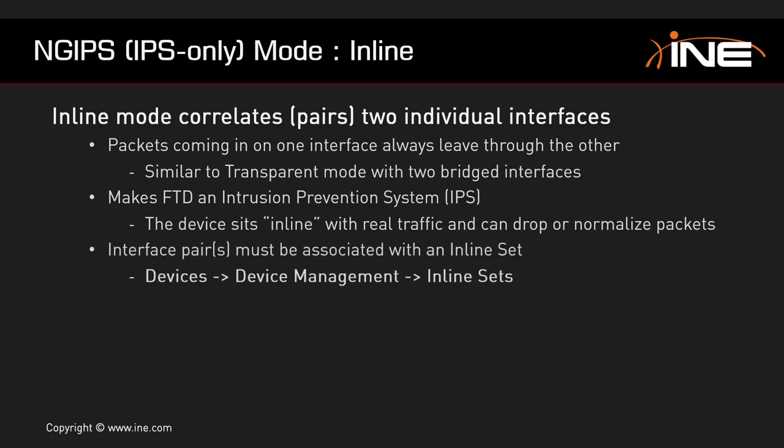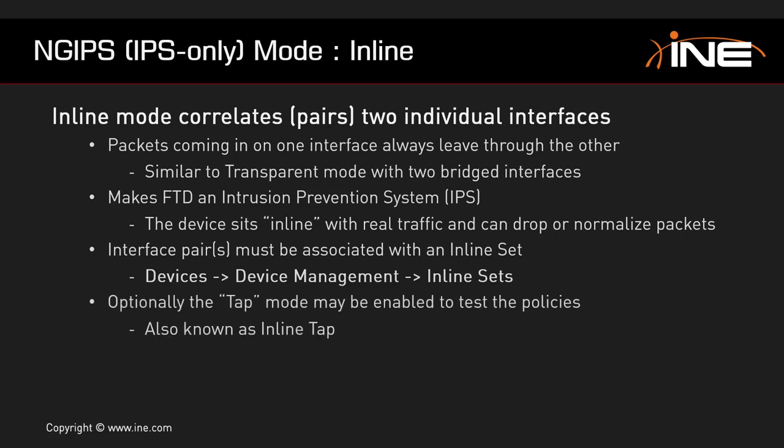I will be showing you configuration in a different session, but in general, all interface related settings, you will be configuring them from the devices and device management tabs. And specifically for inline sets, you will have to bind your interface pair or interface pairs, because you can have more than one, into an inline set, which is then going to be used in the configuration.